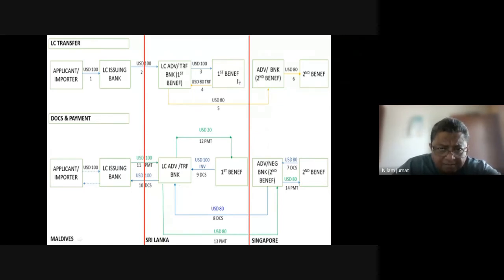Say Banda wants to import something from Ching and tells People's Bank, open an LC for Ching. When People's Bank issues an LC, then beneficiary Ching is depending on People's Bank's LC. So People's Bank is obliged to pay Ching even if Banda doesn't have money. Right?